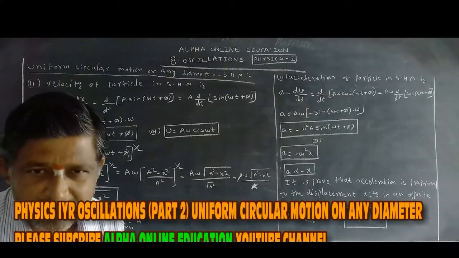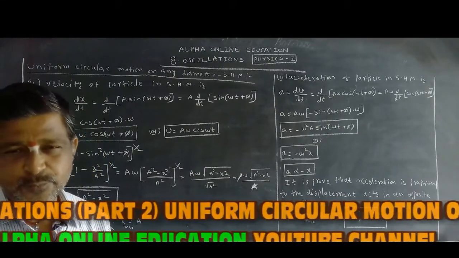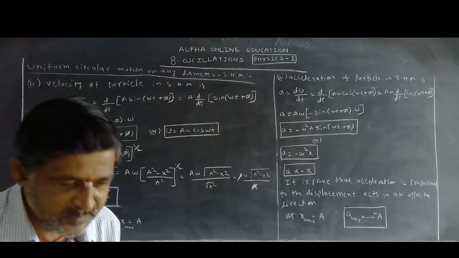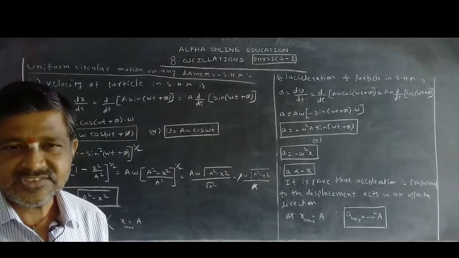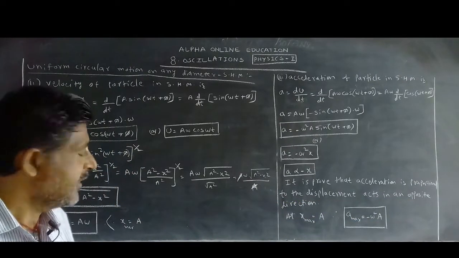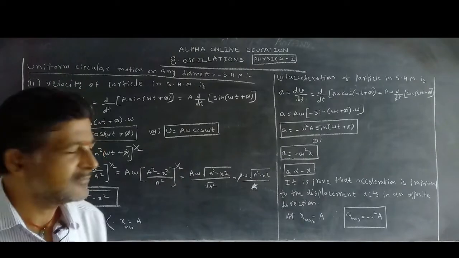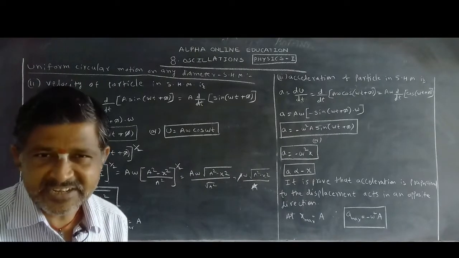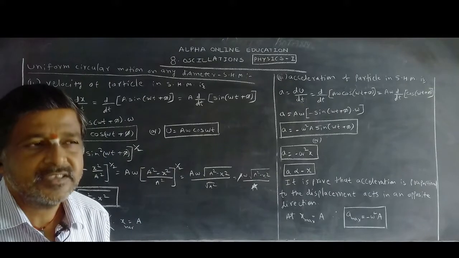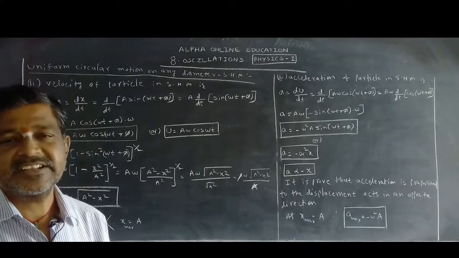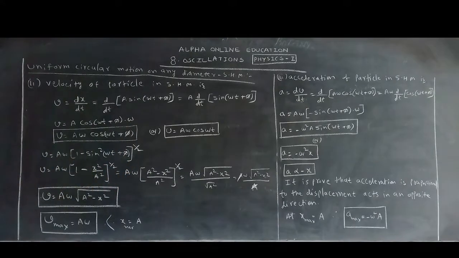It is proved that acceleration is proportional to displacement and acts in the opposite direction, and at maximum displacement, acceleration a maximum is equal to minus omega square A. This is a very important question in this chapter for 8 marks.